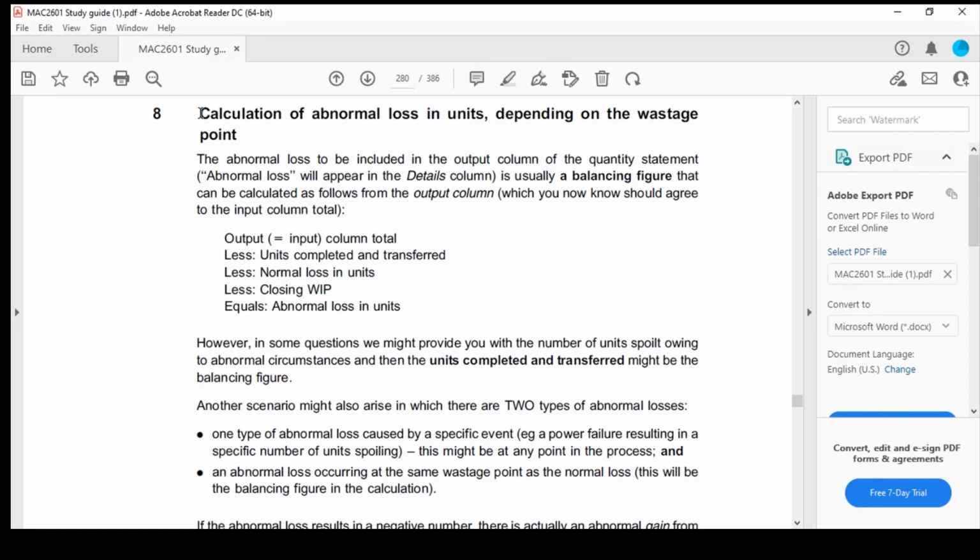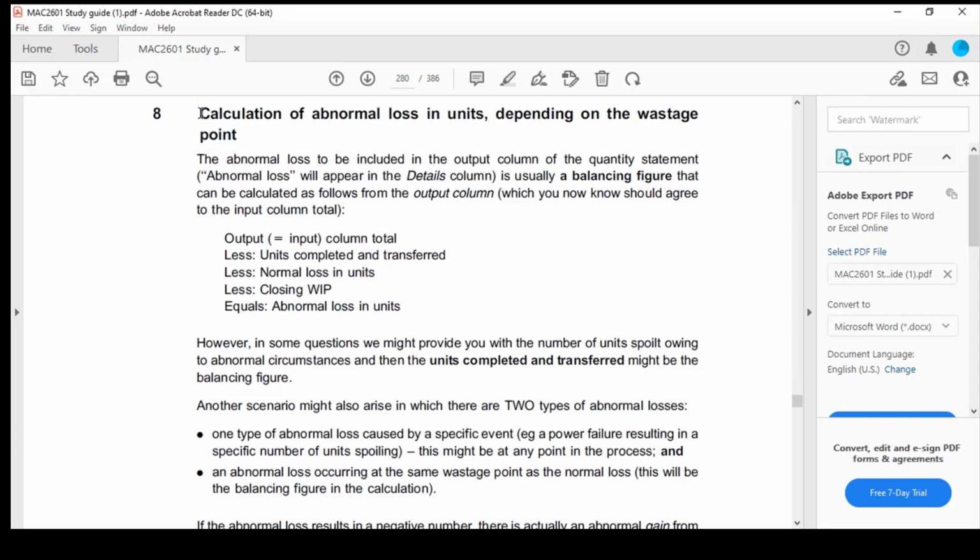So now, that was normal loss. So maybe let's recap. We know that with the normal loss, there's two things. I need to understand where the normal loss occurs and how much of the units I would be losing.